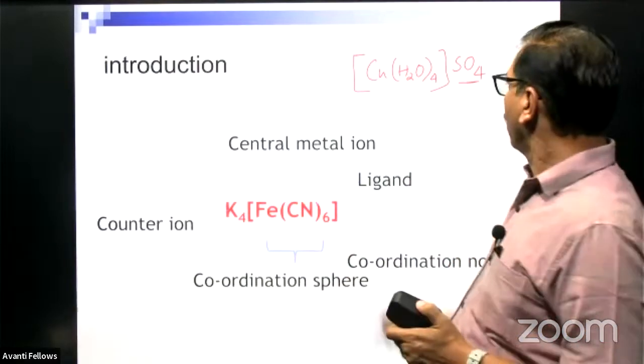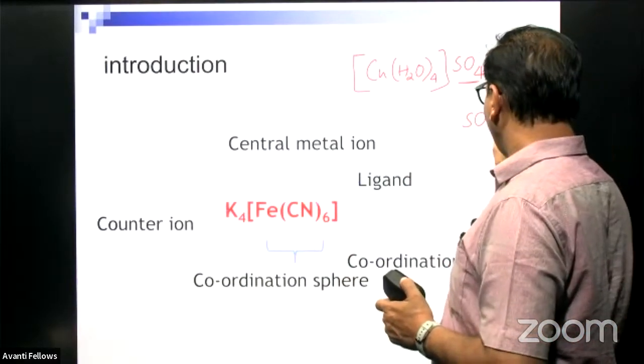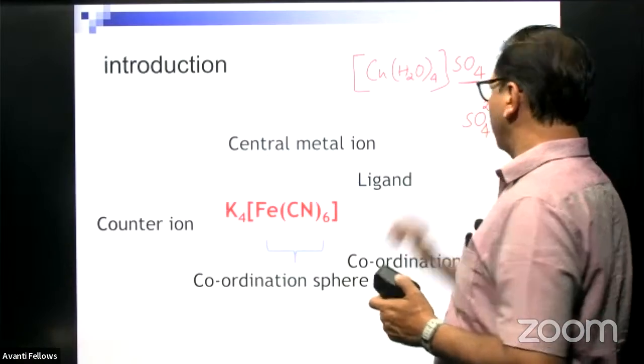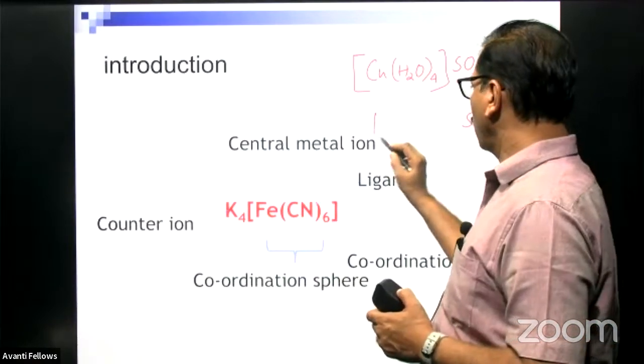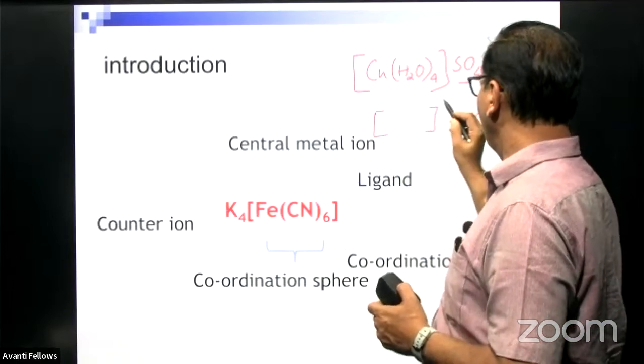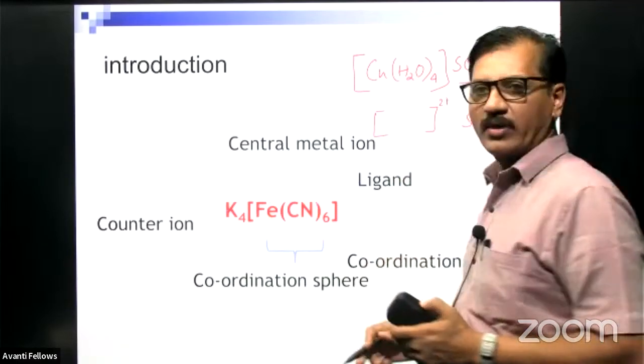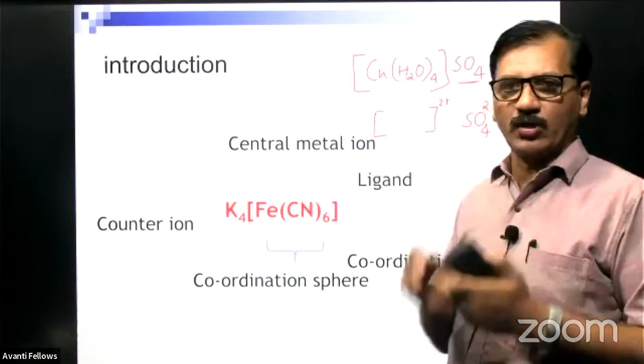Sulfate ion has a 2 minus charge, SO4 2 minus. Therefore the complex should have a 2 plus charge so that the total compound is neutral.